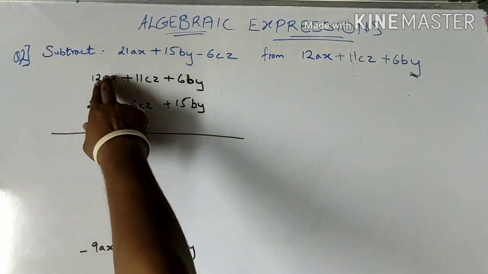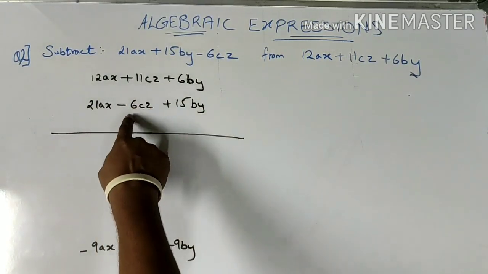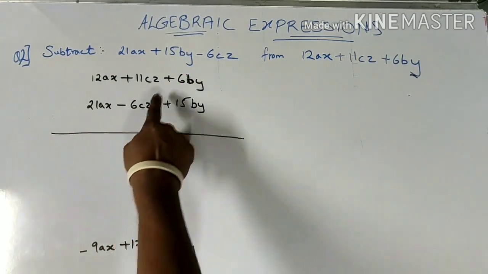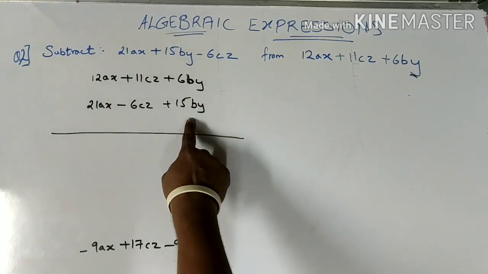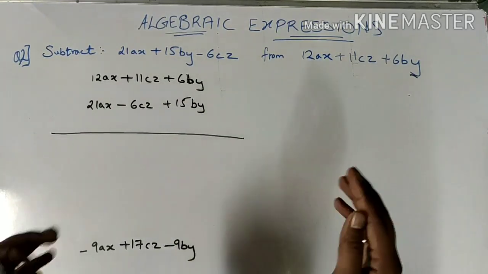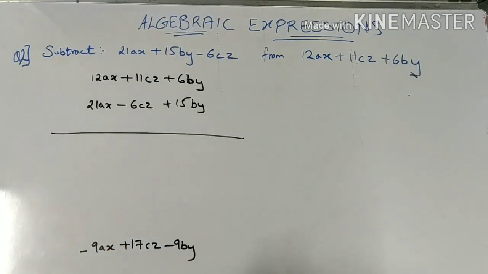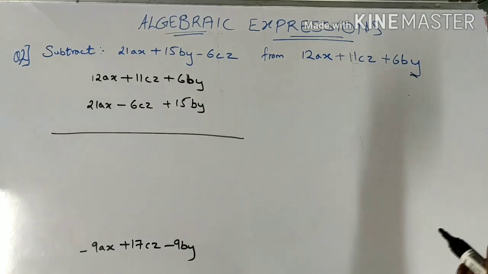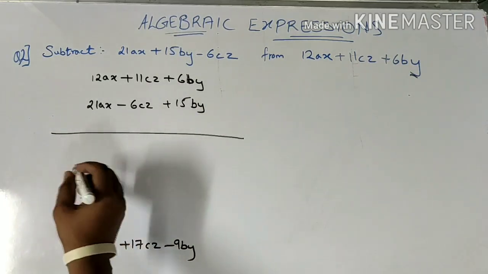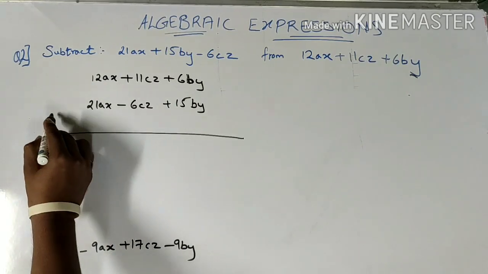So I have taken all the like terms one below the other: 12ax, 21ax, plus 11cz, minus 6cz, plus 6by, plus 15by. If you remember, when the bracket opens, the second algebraic expression's signs change because the minus outside reacts with every other sign of the second bracket. So over here you just need to remember, we are changing the signs.